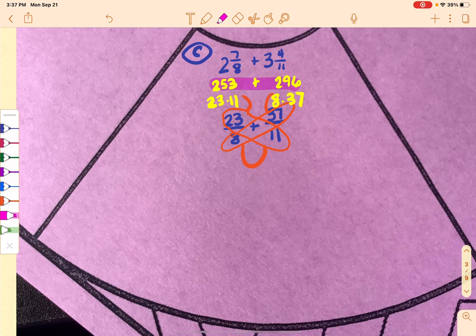And this needs to get put on the top. So 253 plus 296 is 549. Now I have to get this part in the bottom. So 8 times 11 is 88. That's going to go here.